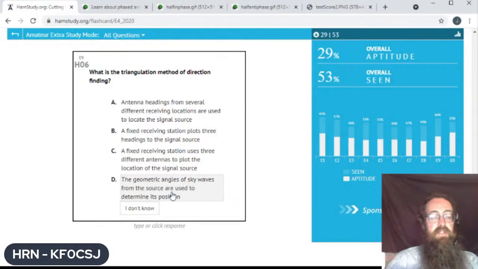C. Fixed receiving stations use three different antennas to plot the location of the signal source. D. Geometric angles of skywaves from the source are used to determine its position. These have fixed receiving, so you want different receiving locations.